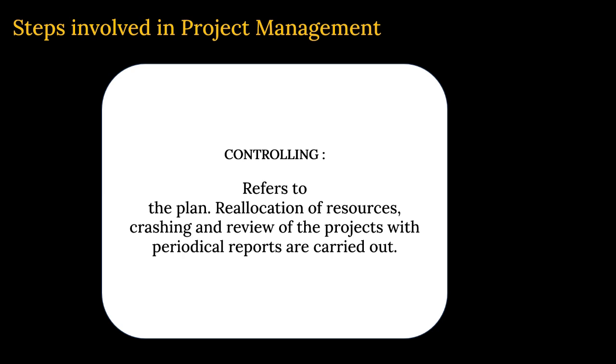The objective is, if possible, without hampering the quality of the project, that means completion of all the tasks, if you can reduce the project duration by at least 1 day, minimum for example, so what will happen? The project will be completed earlier, and that is known as crashing down.